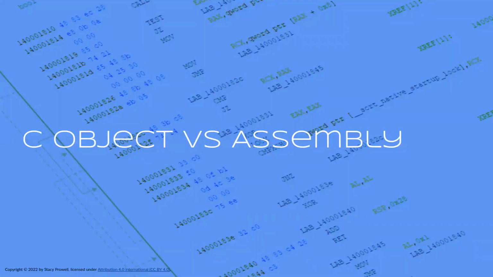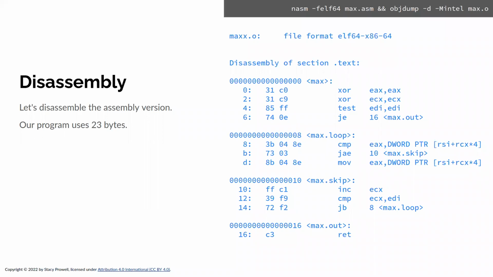Well, okay, we compiled some C code to do Max. What did it look like? Let's take a look. This is our assembly version put through objdump. And we see that here's our little text section.